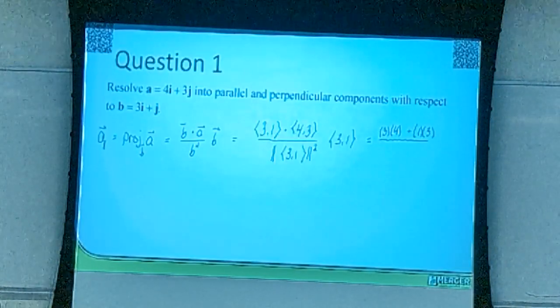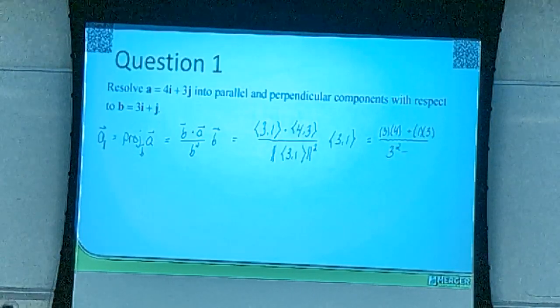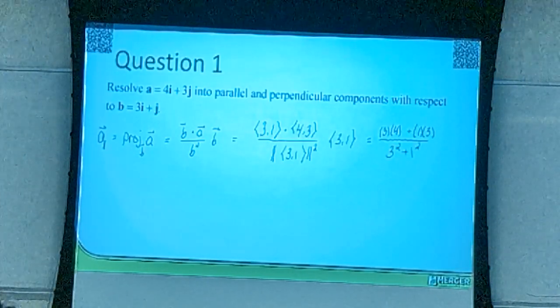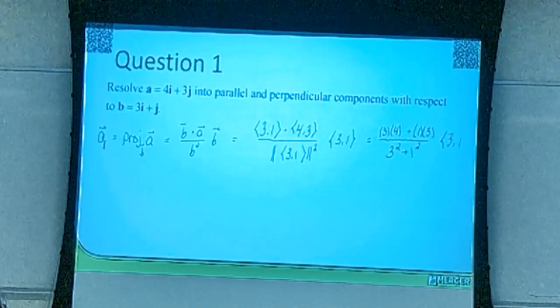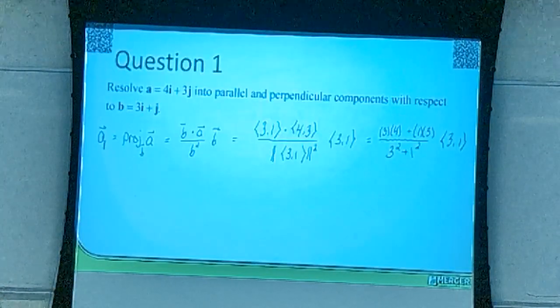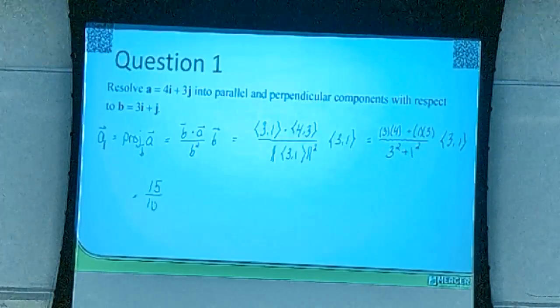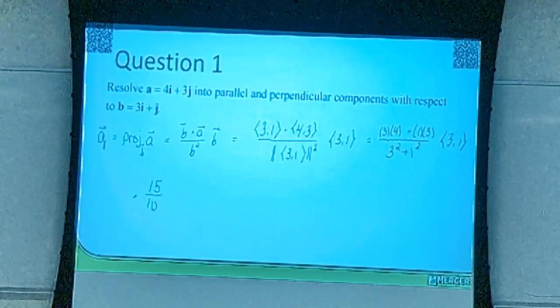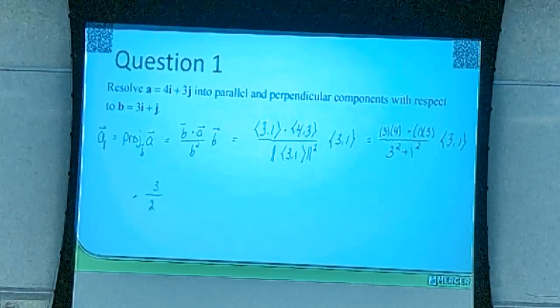Magnitude squared: three squared plus 1 squared, and that whole thing is times 3, 1. 15/10, which is unacceptable. 3/2.